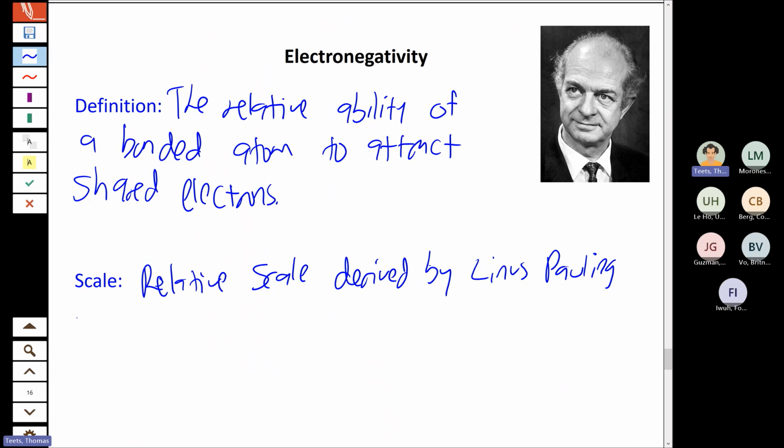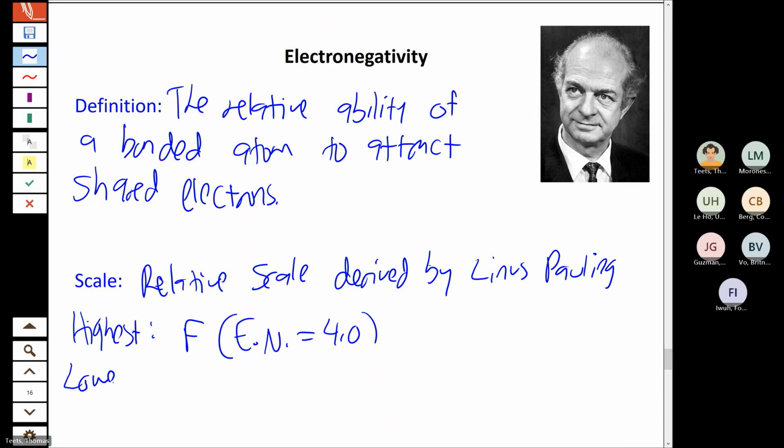The highest electronegativity on the periodic table is fluorine. We don't necessarily need to memorize the numbers, although it's helpful to have a few benchmarks in mind. So the electronegativity for fluorine is 4.0. That's the largest electronegativity that you can have. And then the smallest electronegativity values are in the opposite corner. So fluorine's in the top right.